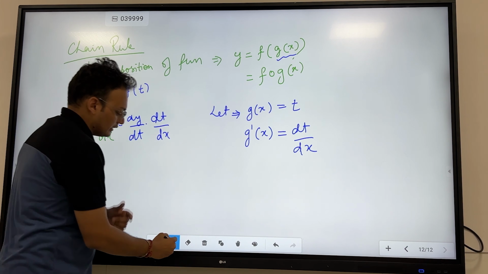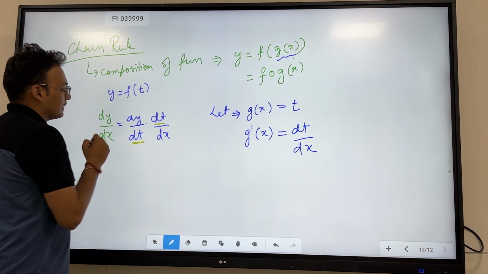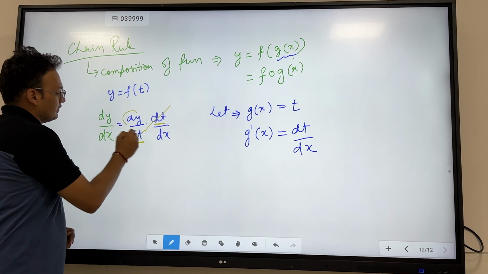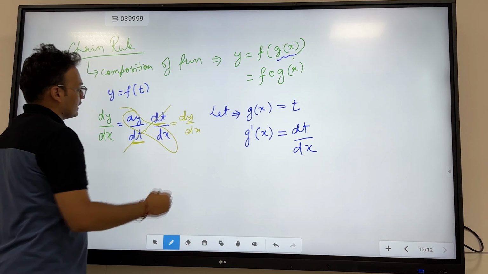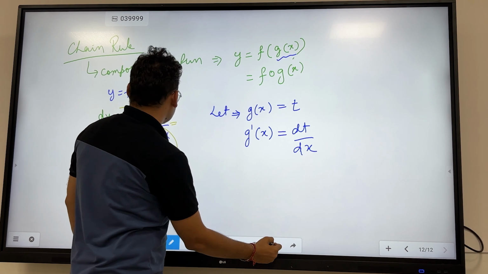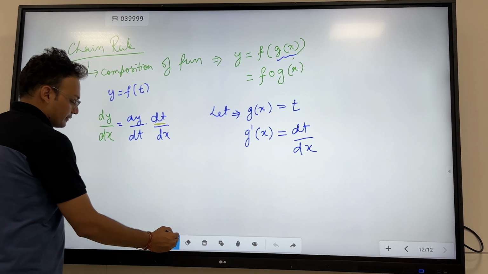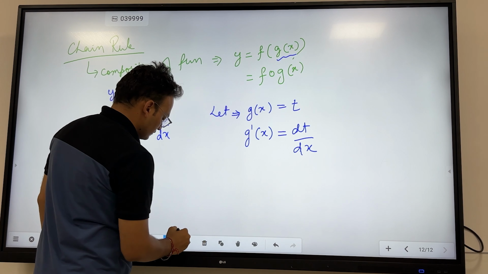I did nothing, I just multiplied and divided by dt, which cancel each other, so which is eventually dy over dx, right? So I am not doing any changes, I am just multiplying and dividing with dt.